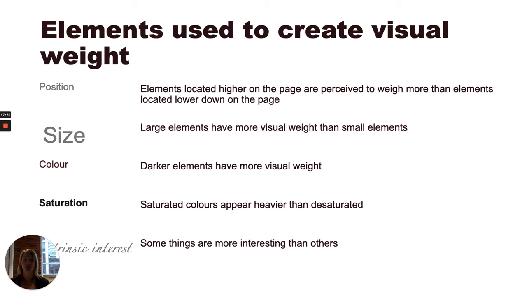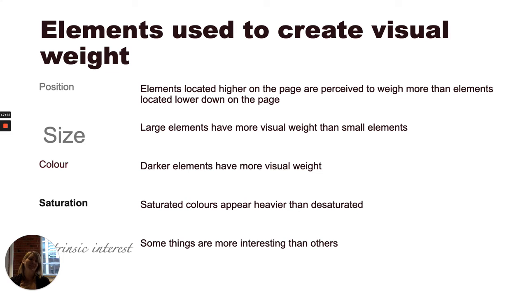Saturation: like I talked about with that image, it had saturated colors and that appeared heavier, so my eyes wanted to go look at that. And then ultimately intrinsic interest. Some things are more interesting than others: images are interesting, things that are different. If you look at this font here, or at this slide here, the font's different, so that's naturally kind of interesting.